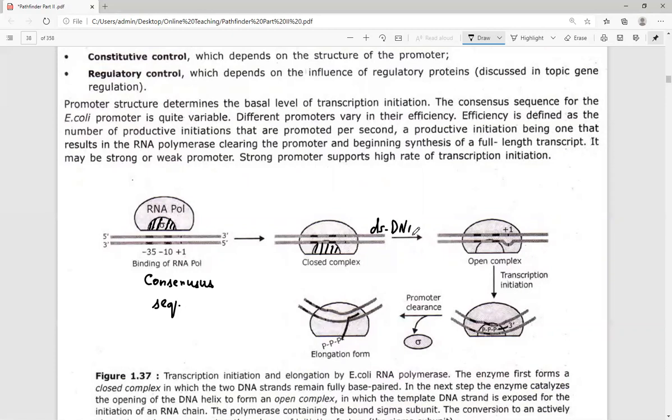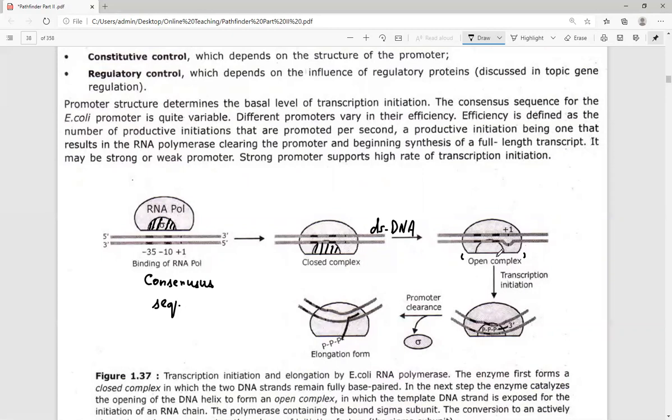The dsDNA has been melted, and this is referred to as an open complex because the DNA has melted.